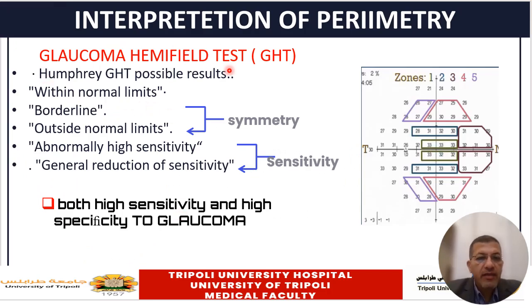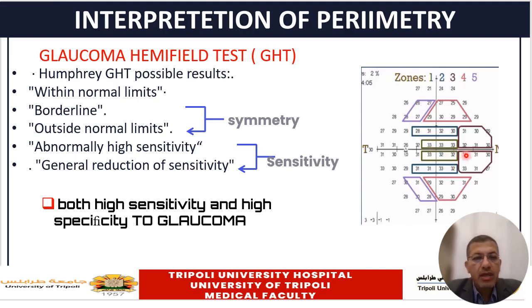This is the glaucoma hemifield test. Now, this glaucoma hemifield test is a very useful index used in the perimetry printout because it shows high specificity and high sensitivity for glaucoma detection. In this test, we compare 5 areas in the upper field of the same eye with the 5 areas in the lower field of the same eye. We compare them together.